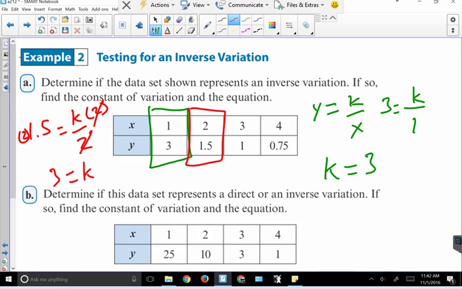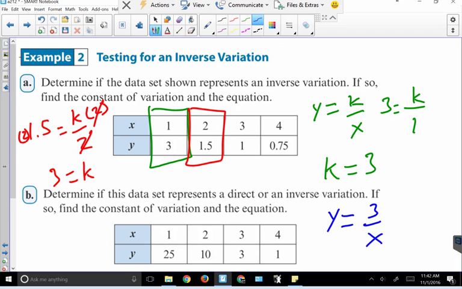Now, there are a lot of different ways of dealing with this. If I want to see what is going on here, I want to go and check and see if that's going to be the case. Now, if I set up my variation equation, it's going to be y is equal to 3 over x. Okay, that's the variation equation. So, if I put 1 in, I get 3 over 1. Does that give me 3? Yes. If I take 3 and divide it by 2, do I get 1.5?